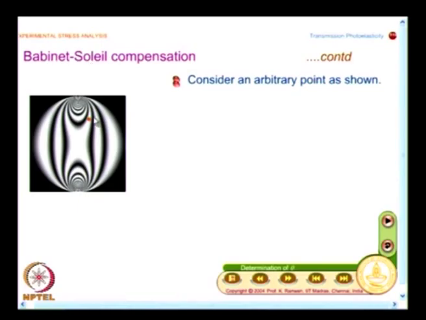See, when we drew the graph, you did not want to find out the isoclinic at the point of interest. What you did was you simply took the photograph, then you drew the line and then identified points where the line cuts the fringe order, then you plotted a graph and picked out the fringe order at the point of interest.